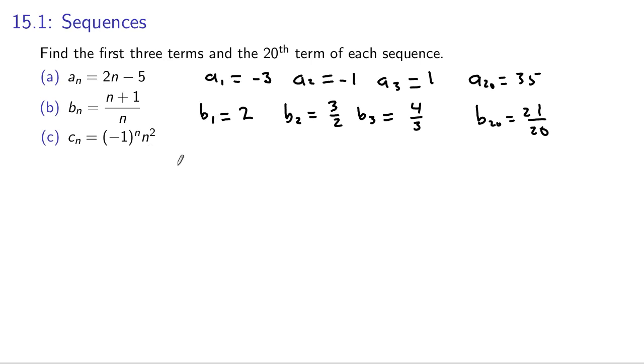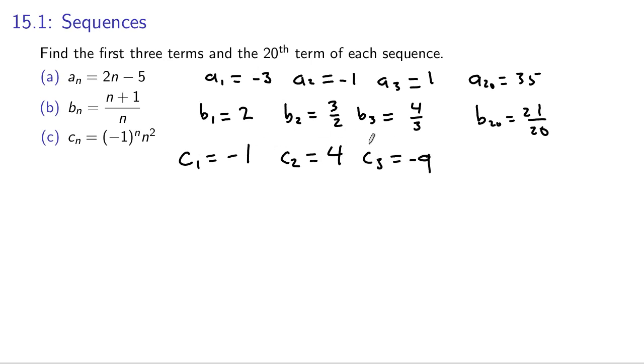Okay. So for c, we have c sub 1. We take negative 1 to the first power, which is negative 1, and multiply that by 1 squared, which is 1. Negative 1. C sub 2 will get positive 1, and 2 squared is 4. C sub 3 will get negative 1 again, and 3 squared is 9. So this is an alternating sequence.